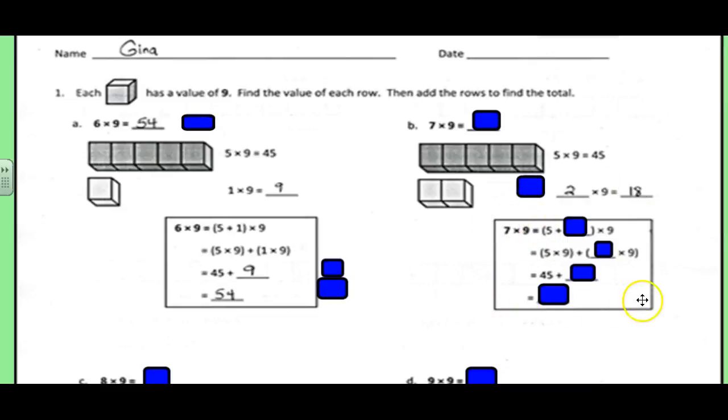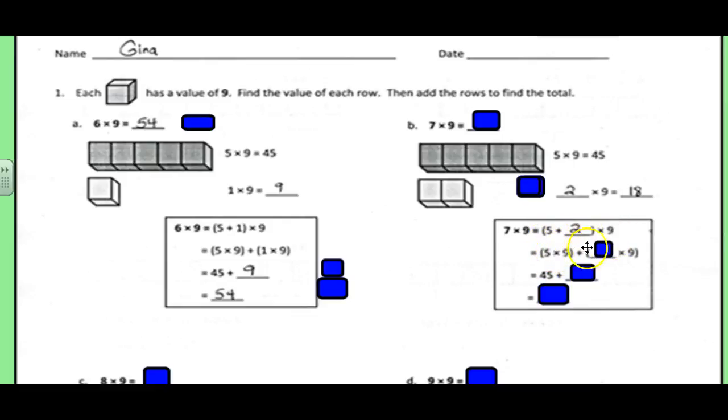So going down here to the box that has the steps in it, 7 times 9 is equal to 5 plus what times 9? So you're asking yourself, they broke this 7 into a 5 and a what? And from our picture right here, I know it's a 5 and a 2. Now we have to take this 5 and 2 and multiply them by 9.